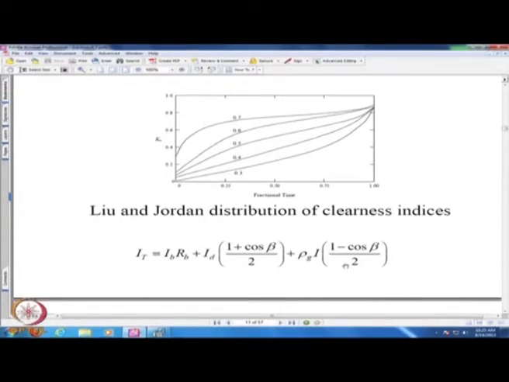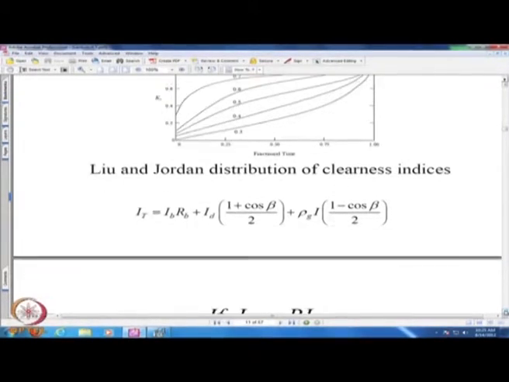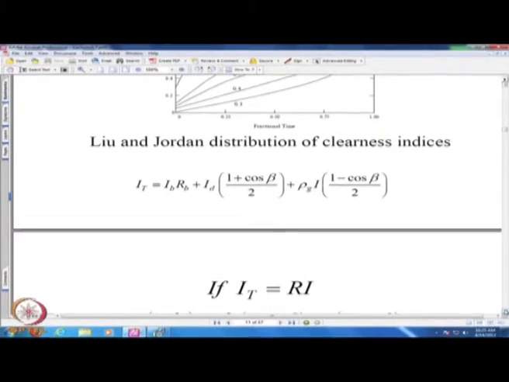Rho g is the ground reflectivity, which has a usual value of 0.2, and for snow covered ground it is as high as 0.7. The factor (1 plus cos beta) by 2 is arrived at if you assume the sky diffuse radiation to be isotropic. It will be the sectoral part that is intercepted by the radiation falling on the tilted surface with a slope beta.